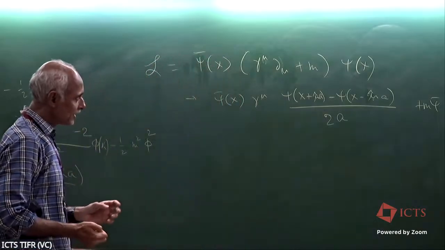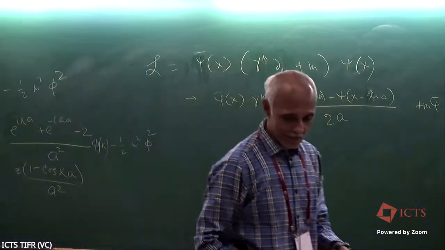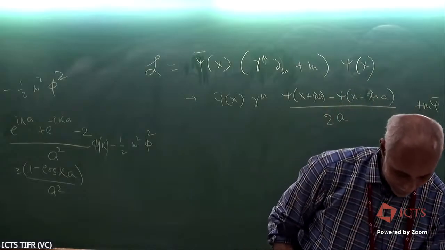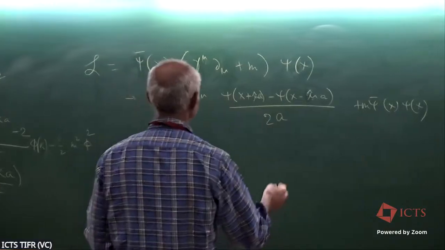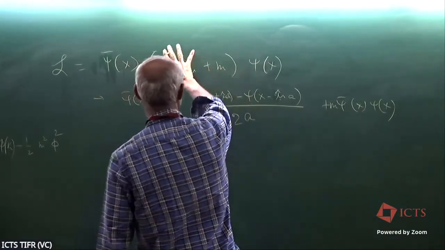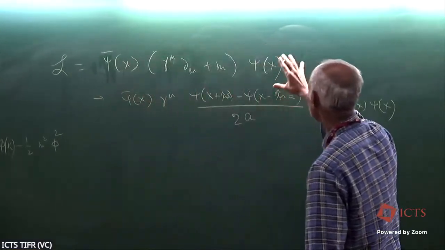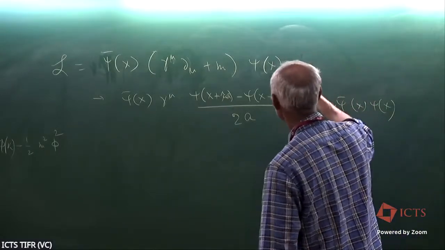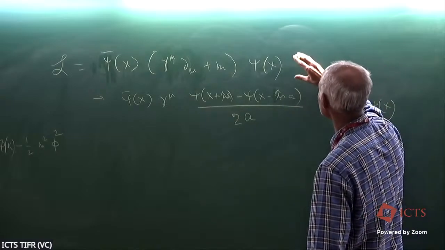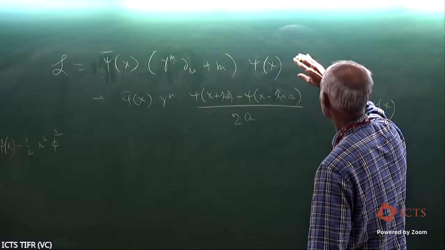It turns out, for some reasons that many of you may be familiar with, that it's not a good idea to start with only this much, this Lagrangian. Of course, I can add extra terms to this Lagrangian.